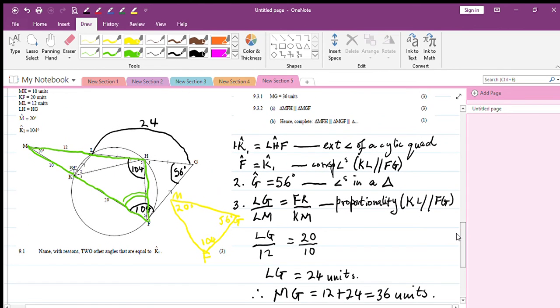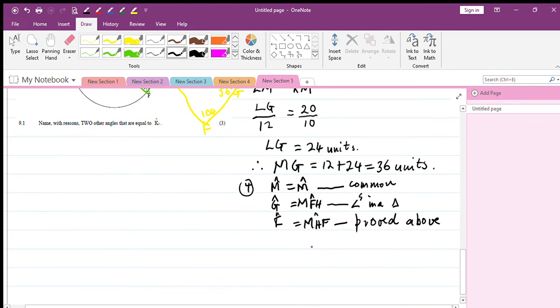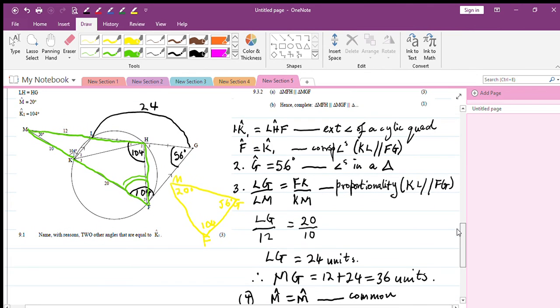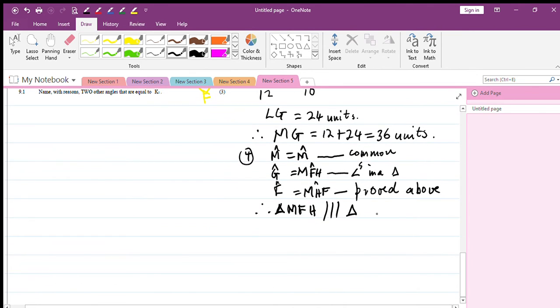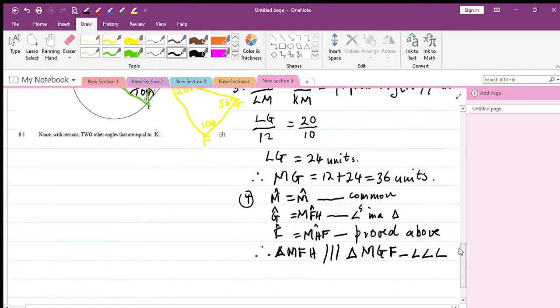So therefore, triangle MFH is similar to triangle MGF. Reason: three angles.